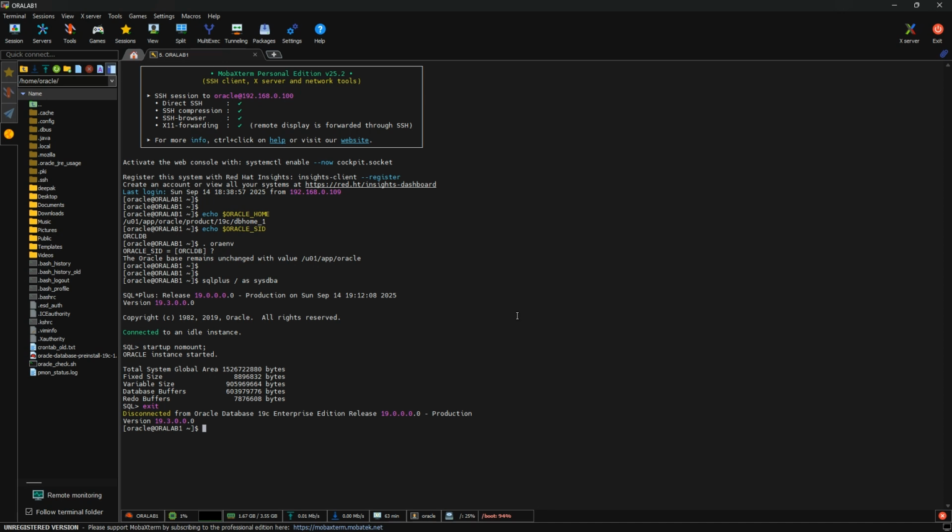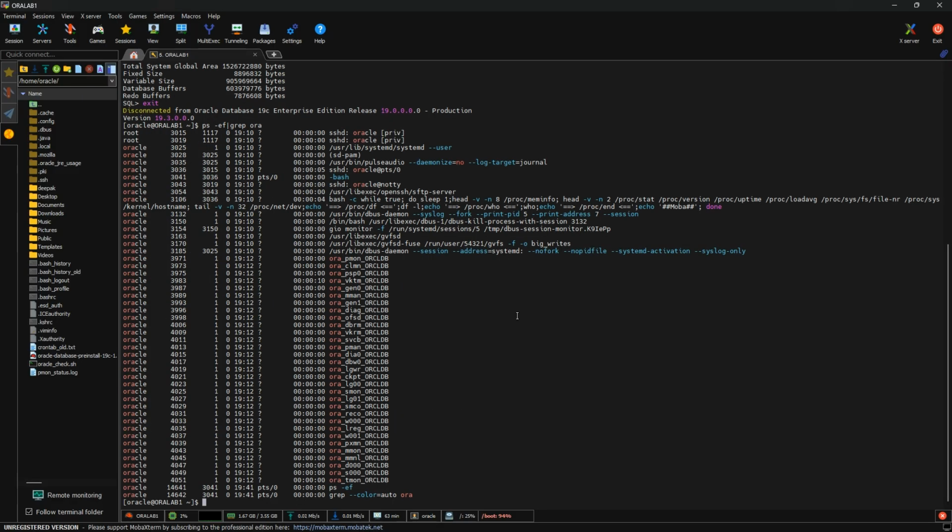To check the processes, ps -ef | grep. To check all the Oracle processes, just simply type ora. Now you see all the processes are available here: pmon, vktm, mmon, log writer, db writer, and all the processes are available here.